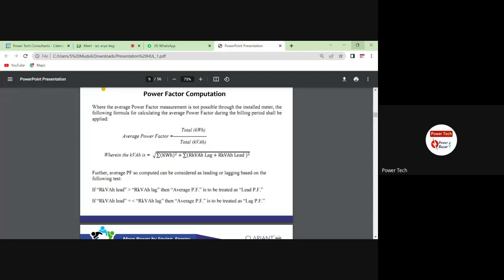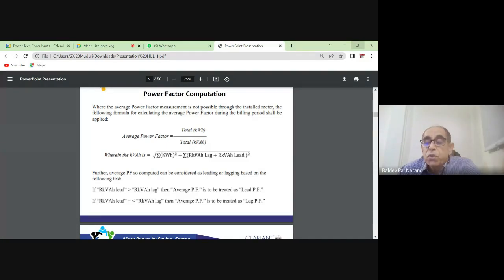So you want to say that based on the 15-minute clock cycle, if you are in leading, that will also be added in Maharashtra, and in another cycle, if it is lagging, that will also be added. Accordingly, KVAH will be calculated. Yes, absolutely right. Earlier, it was a power factor incentive, and the power factor was considered as the average monthly power factor.